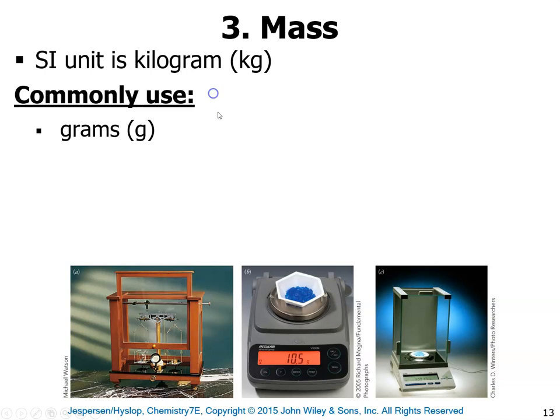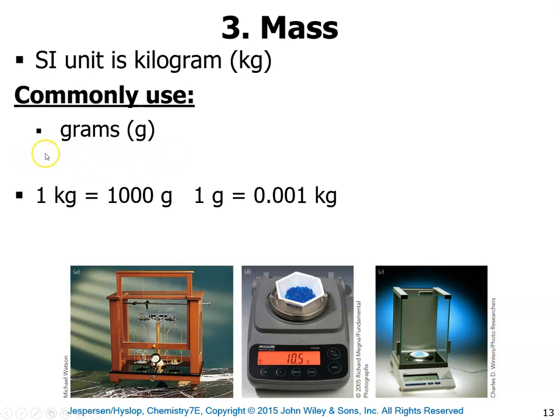We'll commonly in the chemistry lab space use more grams just because it is a smaller amount, and typically when we're doing chemical reactions in the lab space, we use smaller amounts, and it's most commonly used in grams unless we're scaling huge reactions up. A kilogram is 1,000 grams, and 1 gram is 0.001 kilograms. So kind of using those conversion factors that I had showed you earlier.